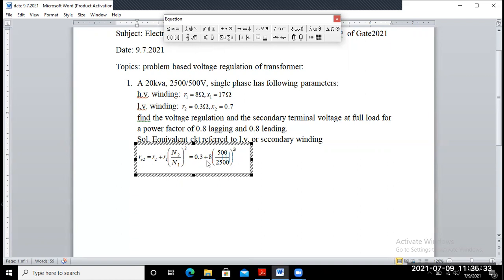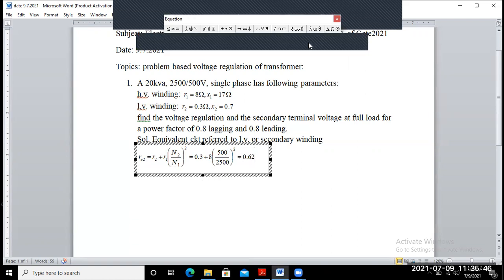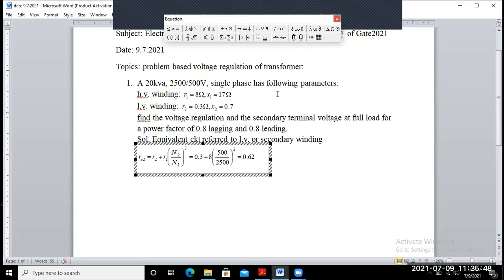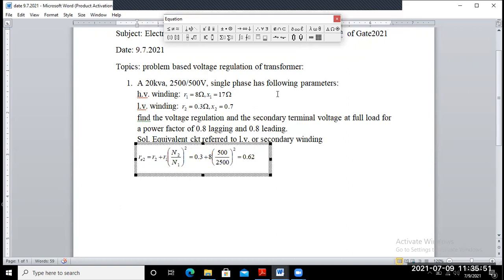That means 0.3 plus 8 divided by 25 is equal to 0.62. This is the equivalent resistance referred to the LV side or secondary side.